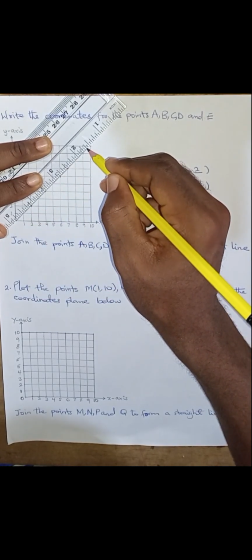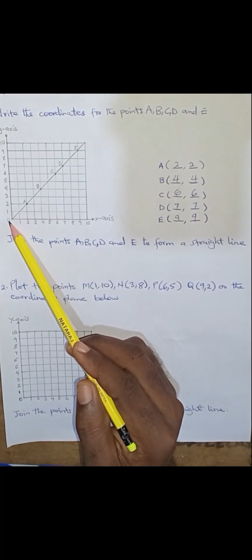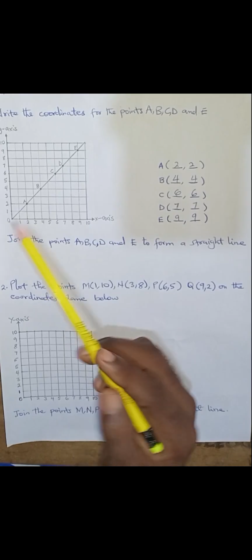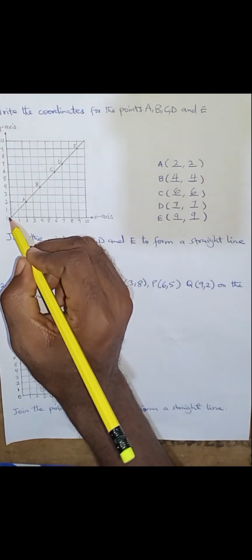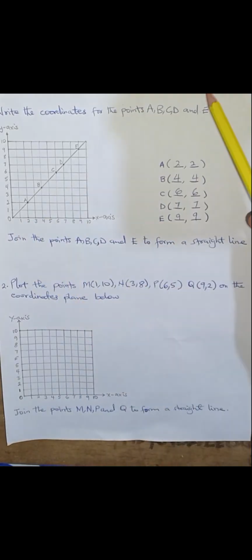You can see that it passes through the origin, which is 0, designated as O in some cases. So it passes through the origin throughout. And so we have joined this to form a straight line.